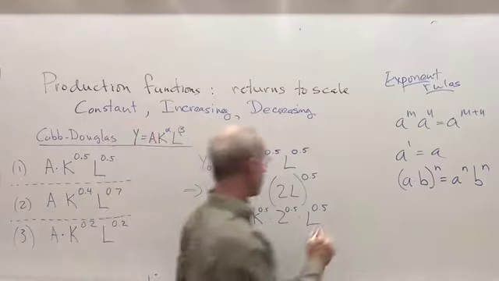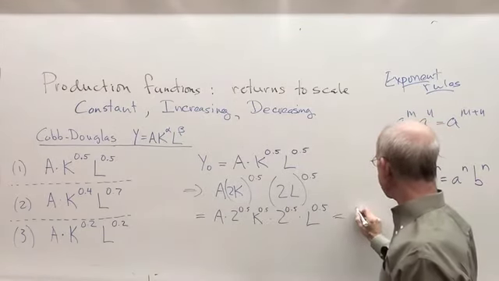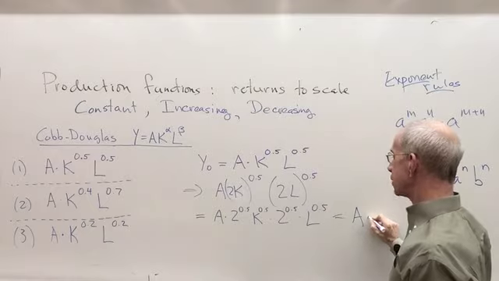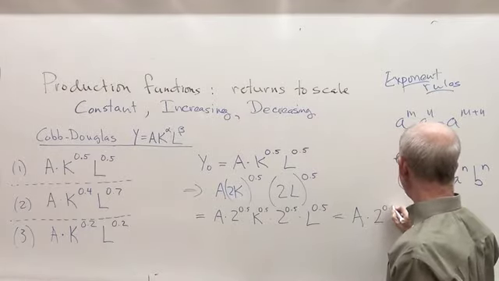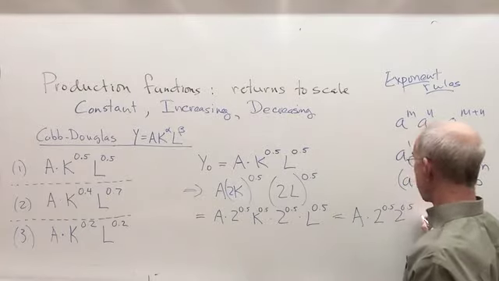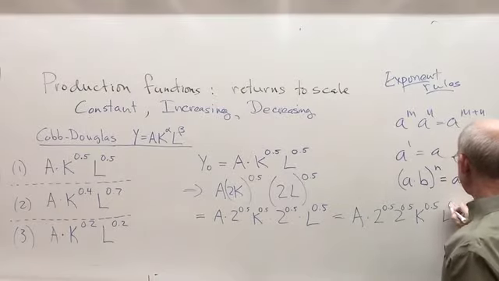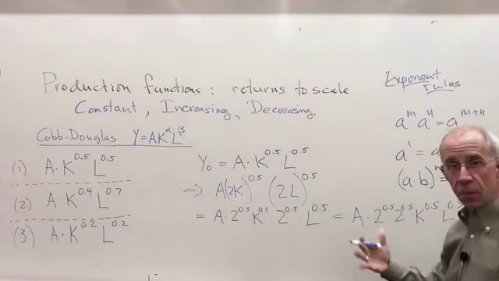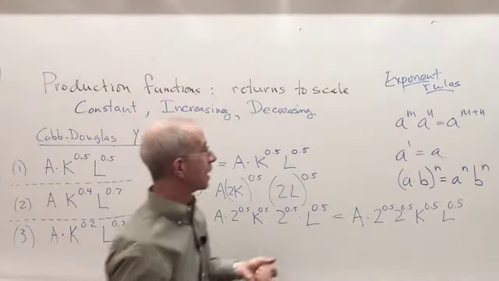Now I want to combine terms, so I can rewrite this as A multiplied times 2 to the 0.5, 2 to the 0.5, K to the 0.5, L to the 0.5. Okay, so we've just rearranged things.